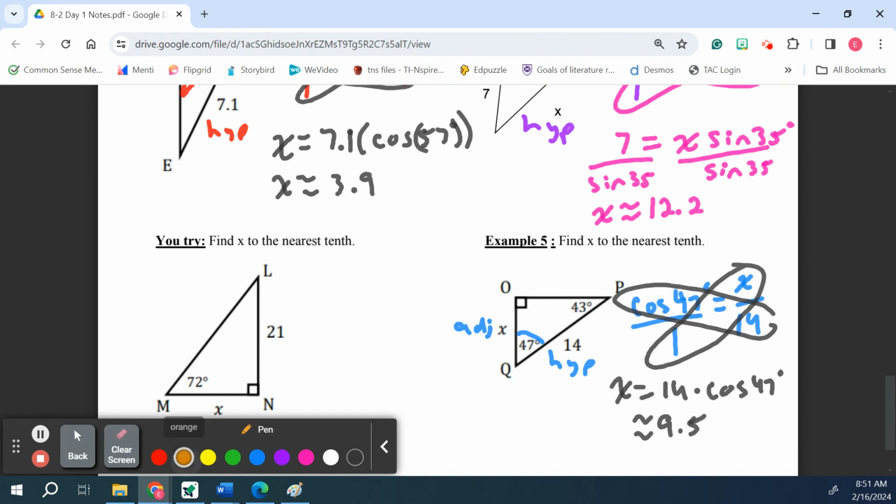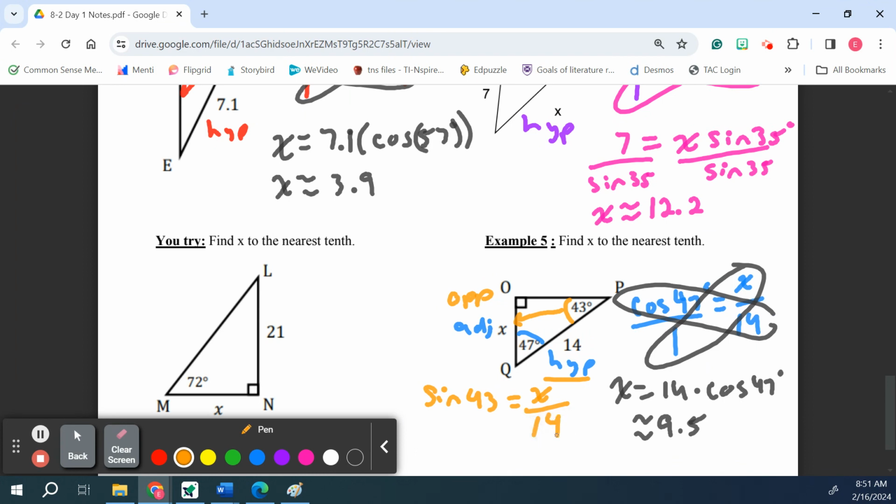Just for clarification, if we did this one instead, this would now be an opposite with a hypotenuse. So what would we use for that one? Sine. So if I did the sine of 43 degrees equals x over 14. Wait, would it be 14 over x?